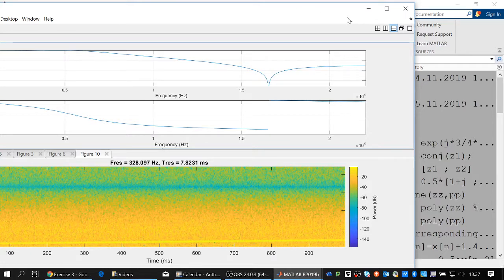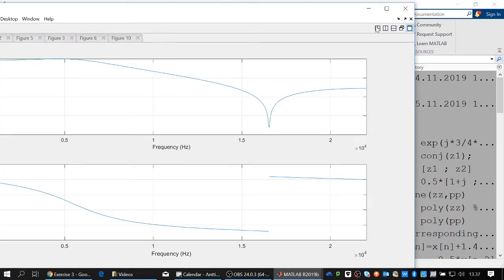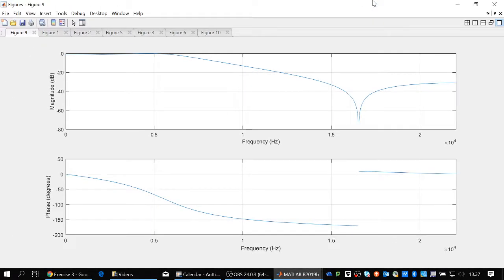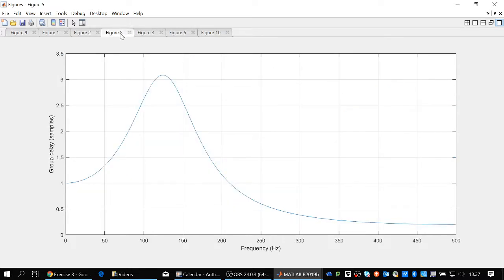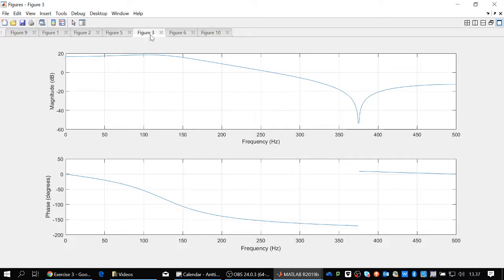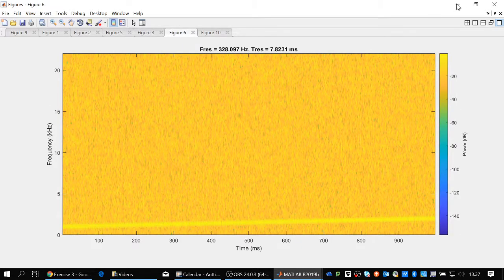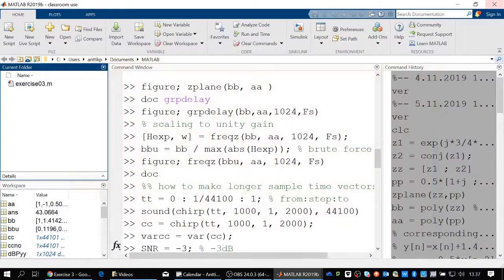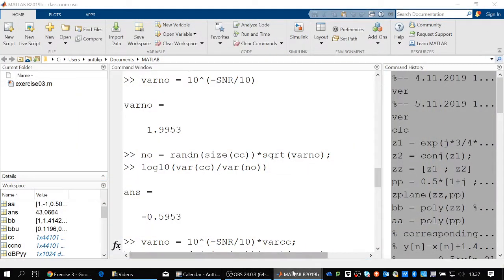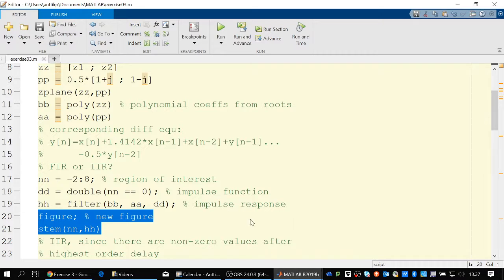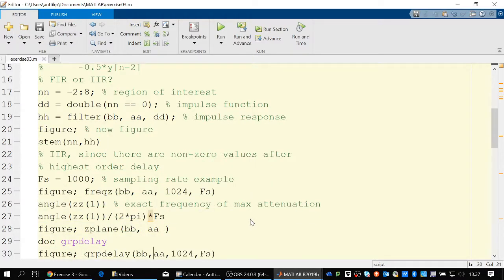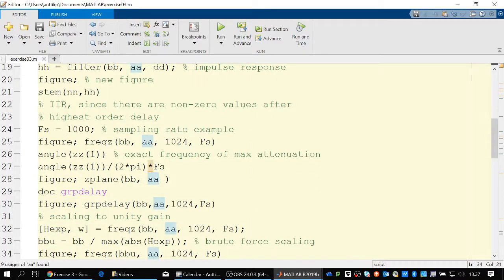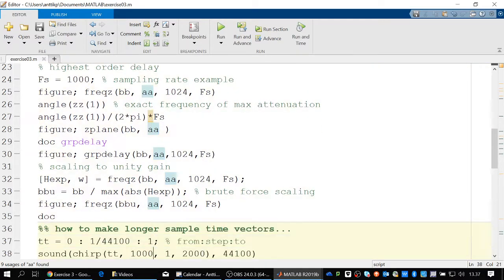Frequency response, that's just freqz, and then group delay. Then I have the spectrogram. So all the tricks needed to reproduce what I did will be on this one.